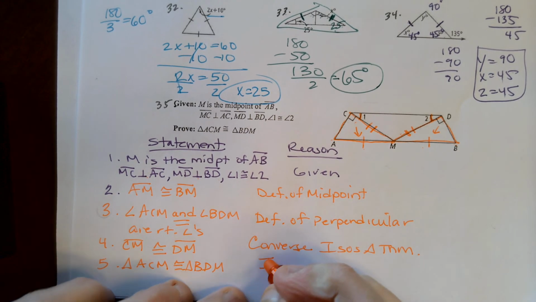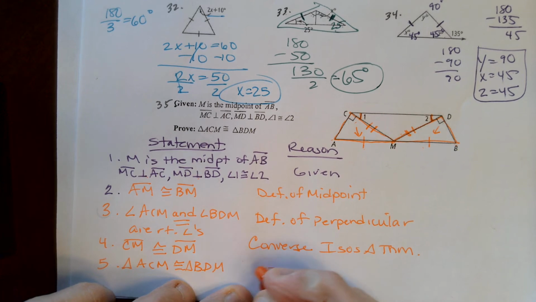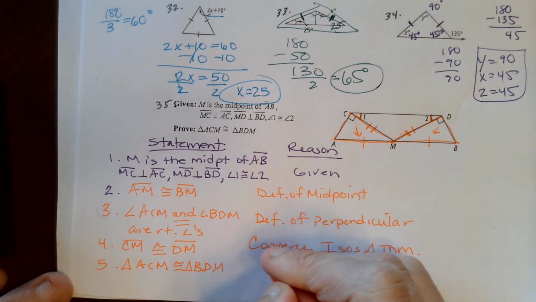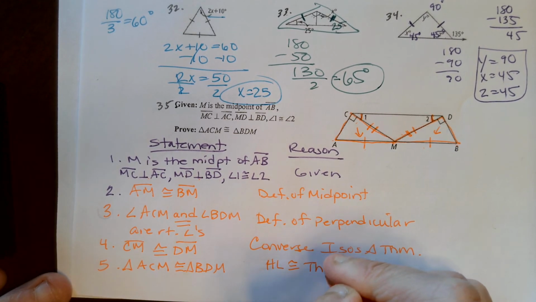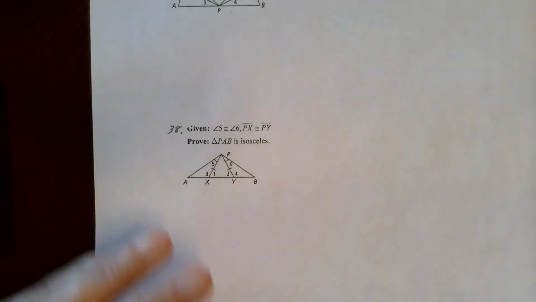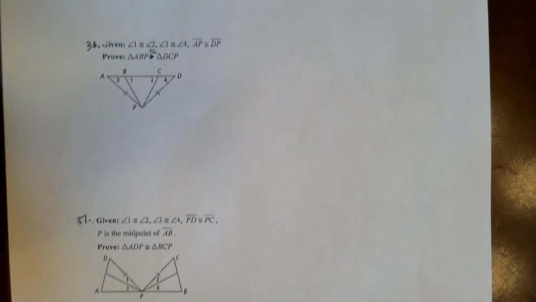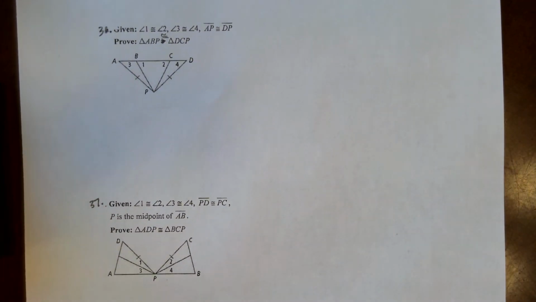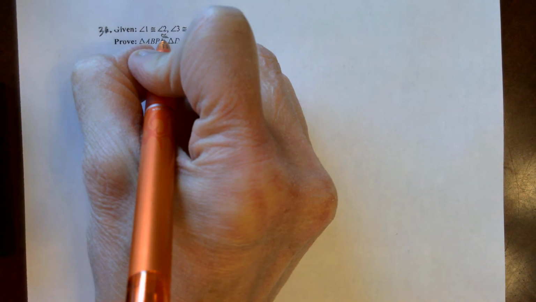Oh, what am I doing here, people? All right, let's take a look at our other ones. Wow, I gave you good practice on these, didn't I? So first of all, this is supposed to be congruent.